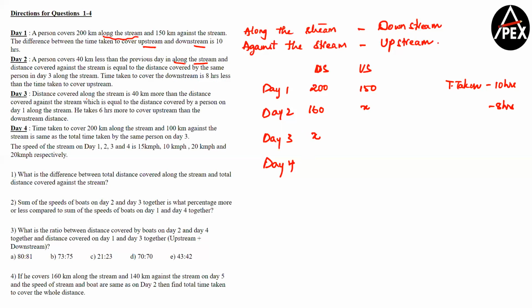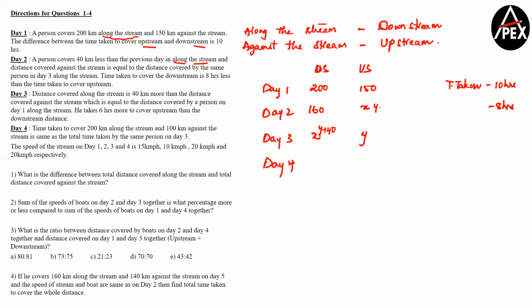Now, the distance covered along the stream on day 3 is 40 kilometers more than the distance covered against the stream. So if this is y, this will be y plus 40.